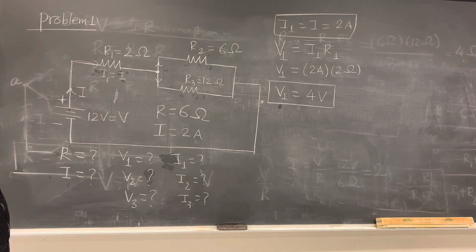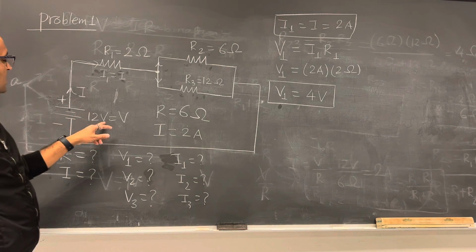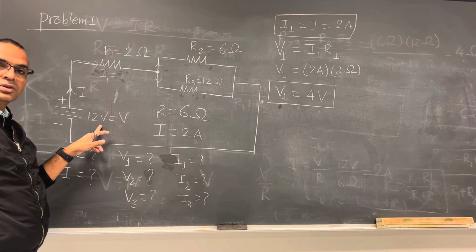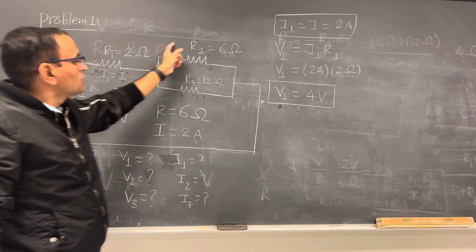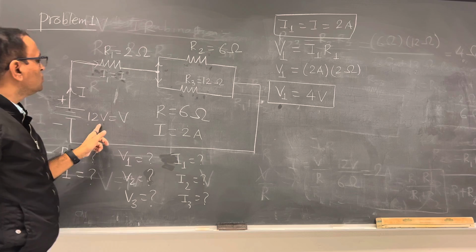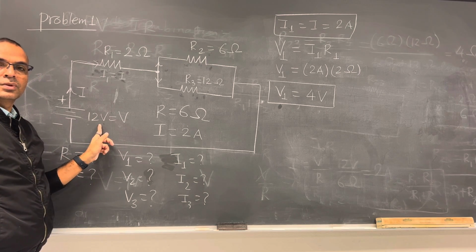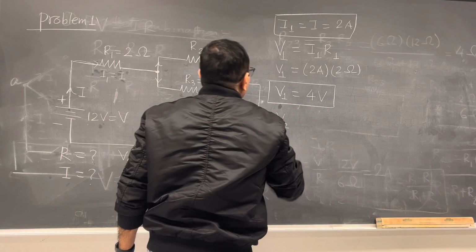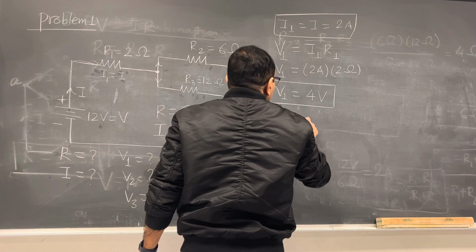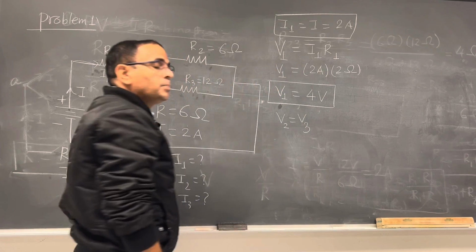Look at this. The total potential difference is 12 volt. So the voltage drop here plus the voltage drop there must be equal to 12 volt. So what is V2 then? V2 and V3 are equal because they are in parallel.